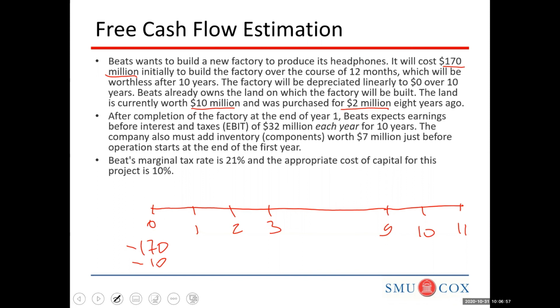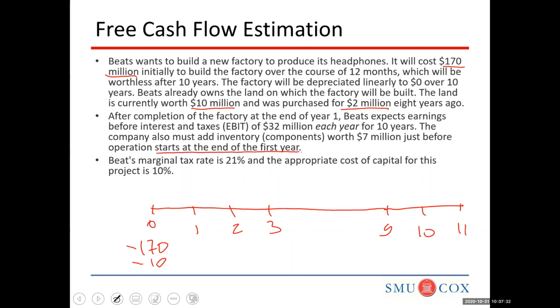And then the factory is built after the completion of the factory at the end of year 1. So there's that gap. And then Beats expects the earnings before interest and taxes to be 32 million each year. The company must also add inventory components worth 7 million just before the operation starts at the end of the first year.